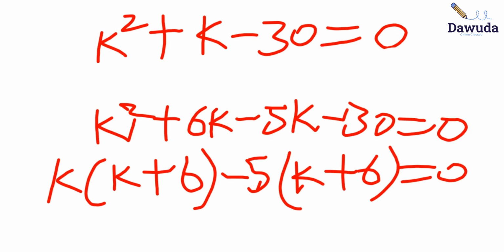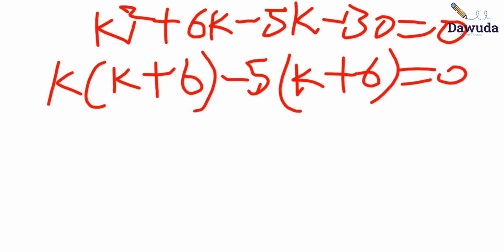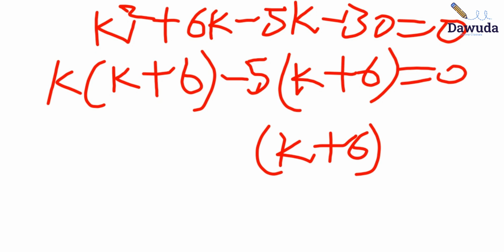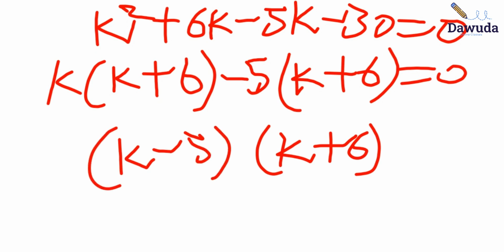Now we take one of the brackets, which gives you k plus 6. Then we take the constants that are outside, so we have k minus 5, and k plus 6 is equal to 0.